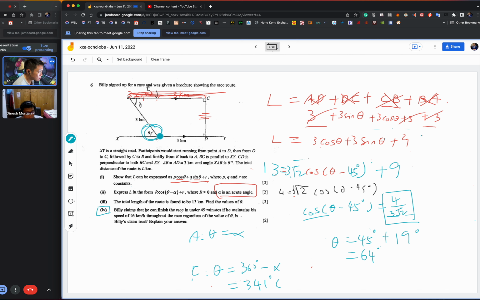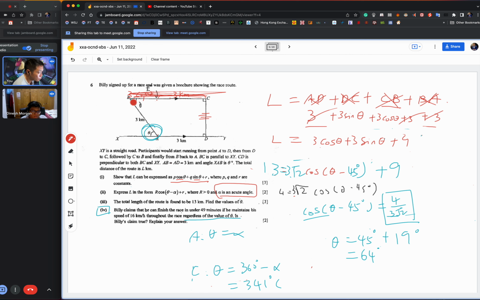So how do you max out the theta? Regardless of the value of theta, which means you test the two limits. Imagine theta is 0.